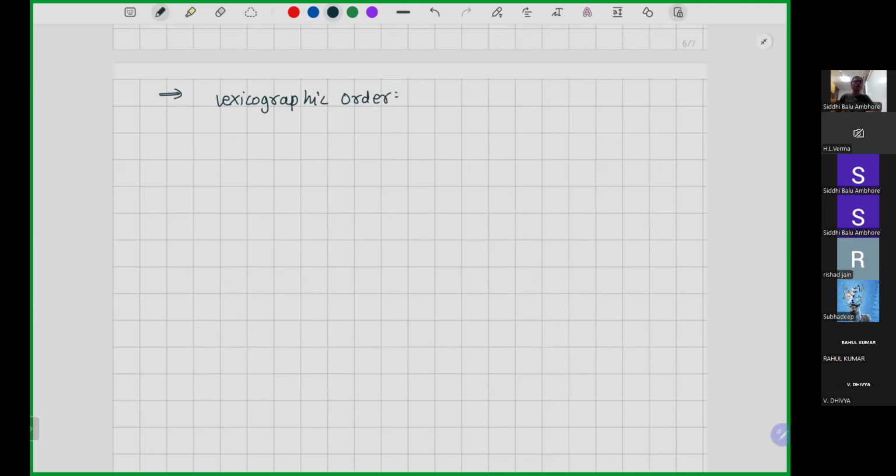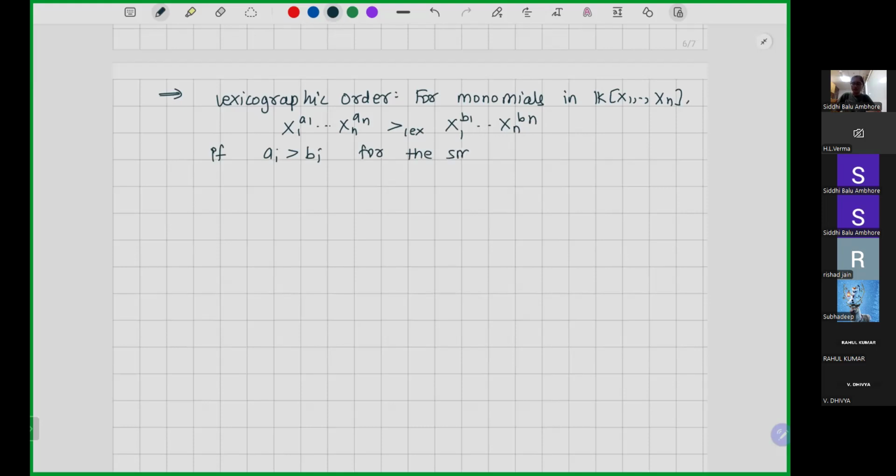So the monomial x1 power a1 through xn power an is greater than, with lexicographic order, x1 power b1 through xn power bn, if ai is greater than bi for the smallest i such that ai is not equal to bi.